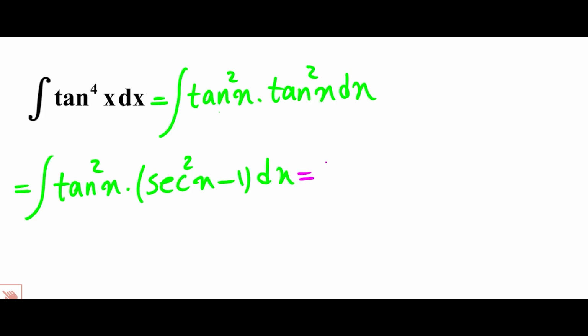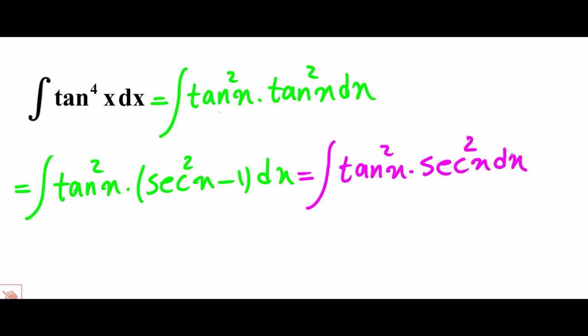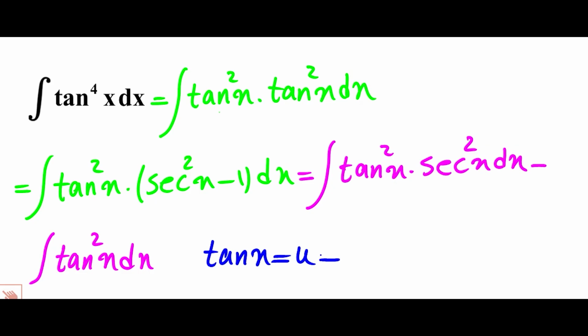If we expand, we have the integral of tangent squared x times secant squared x dx minus the integral of tangent squared x dx. For the first integral, let tangent x equals u. So if we take the derivative of both sides, we have du equals secant squared x dx.